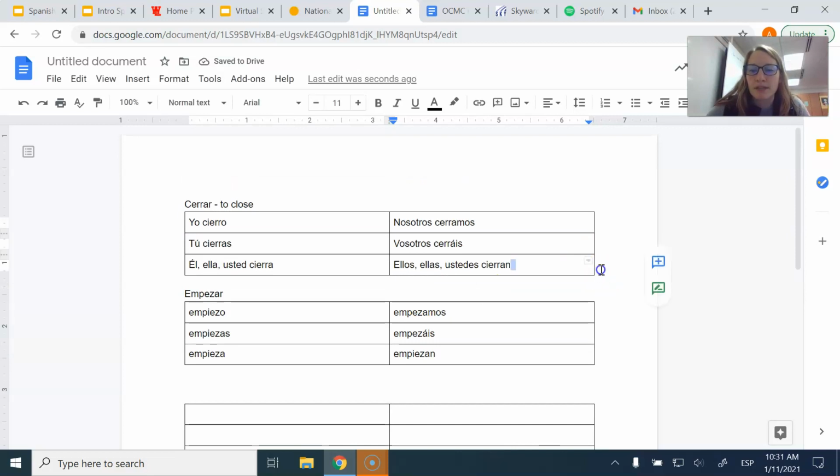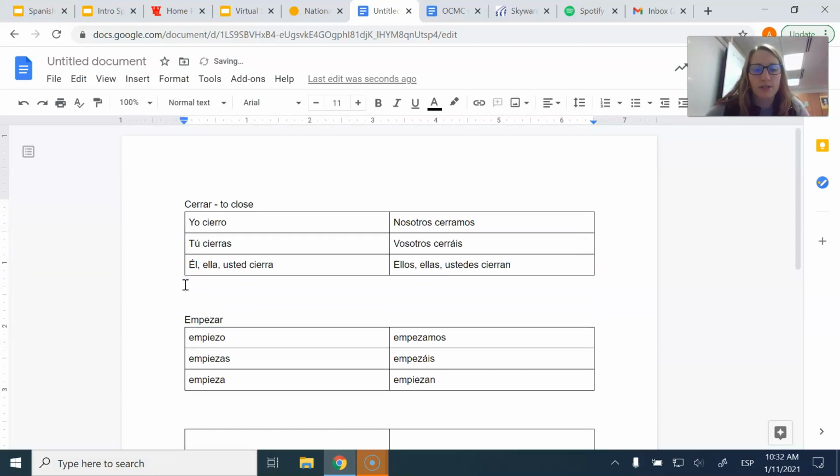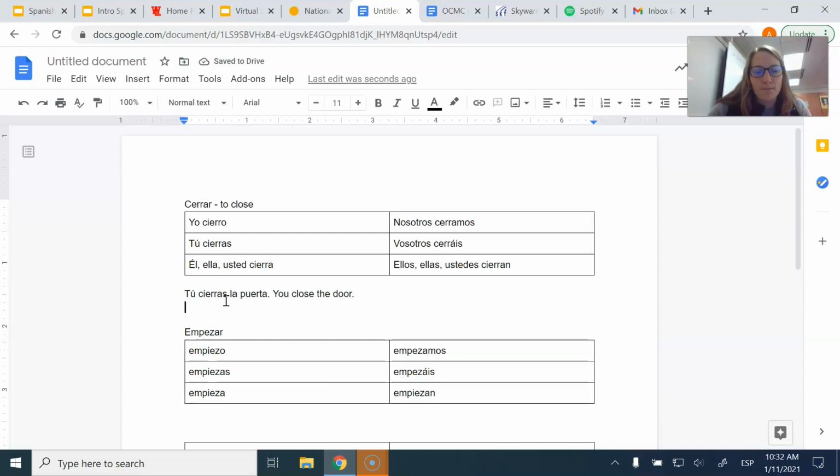Now something that might be helpful for us is to try to write a sentence using one of these conjugations, okay? So for example, for this one I could say, tú cierras la puerta, right? You close the door. Or what else have we learned to say?